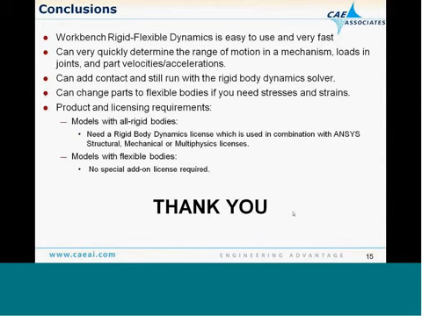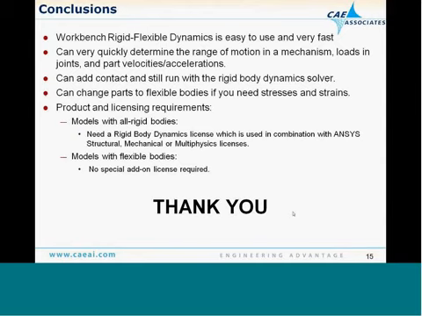So if you don't need to get stresses or strains, you need range of motion, you need accelerations, velocities, and joint loads, this is definitely the tool that's going to give you the fastest turnaround by far. If you have a lot of design iterations, you're modifying the geometry to determine the best possible design, this again is going to give you the fast turnaround you might need to evaluate all of those different design iterations.